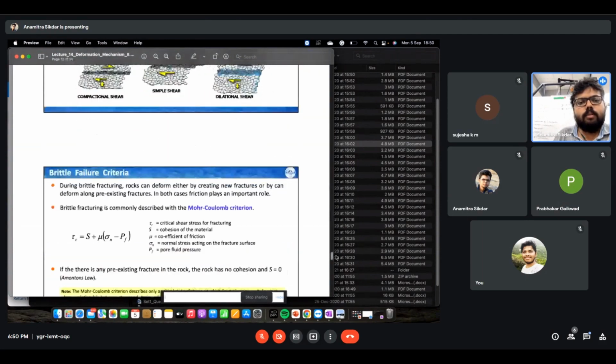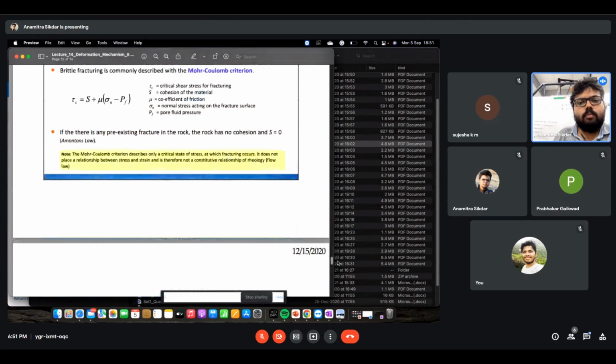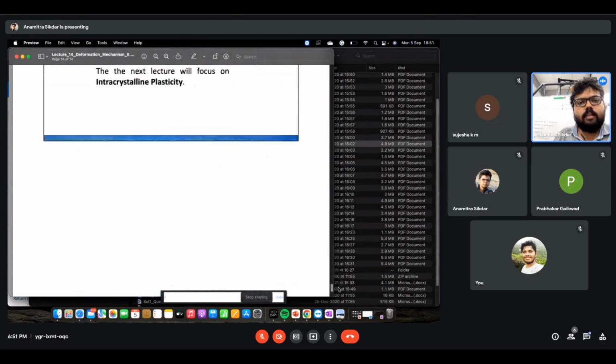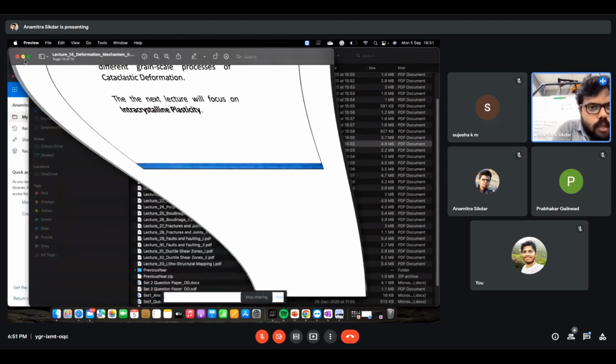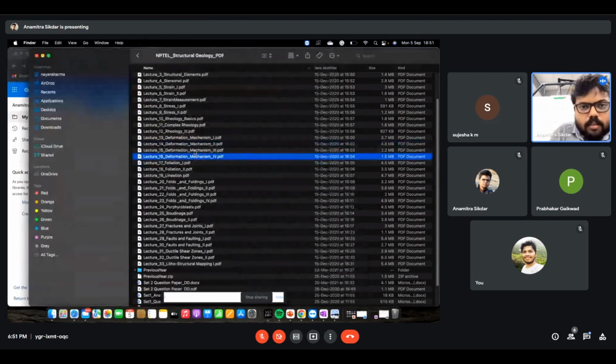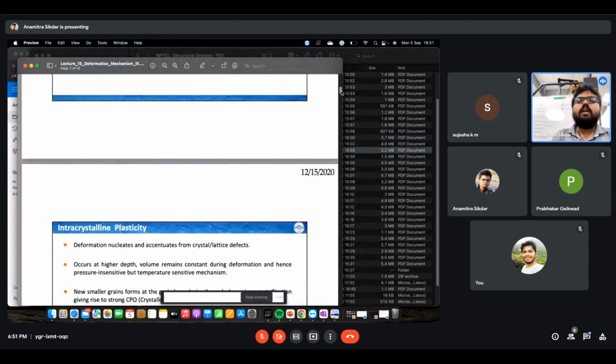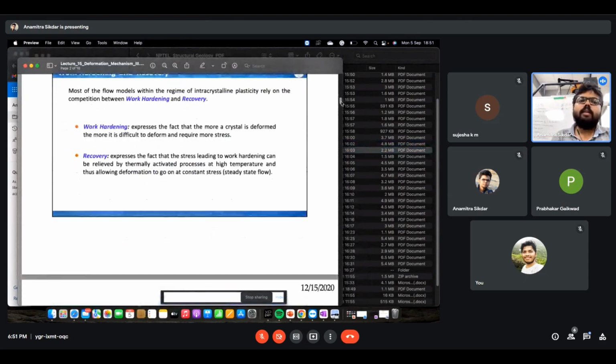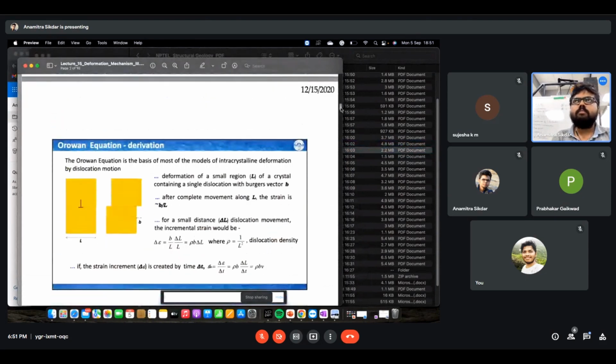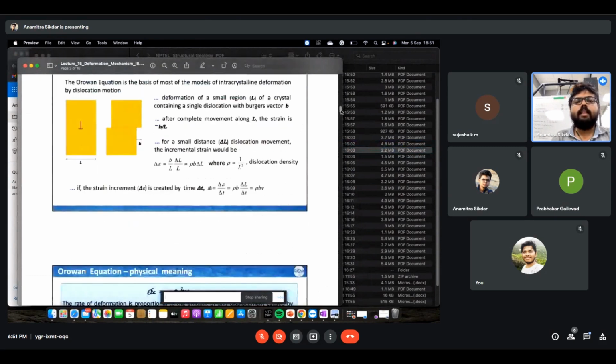That will be mostly about cataclastic deformation. So I'll go to intracrystalline plasticity now, as I was talking about dislocation and deformation happening at a microscopic scale.